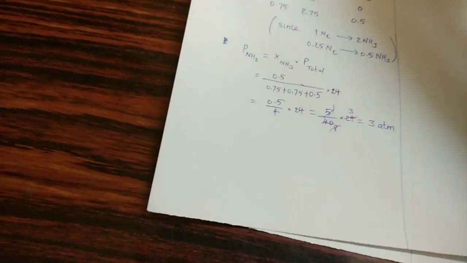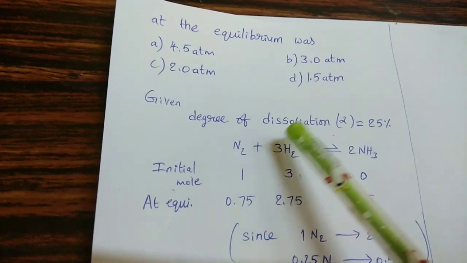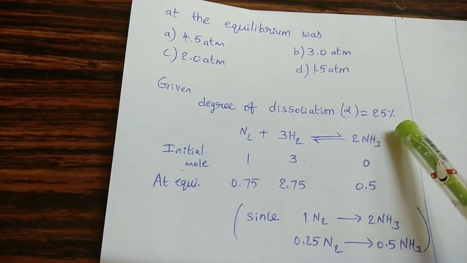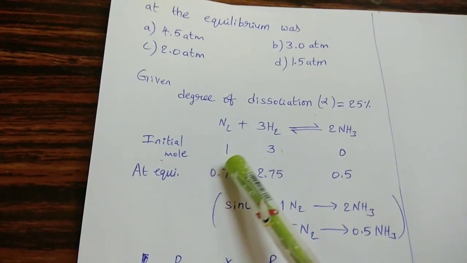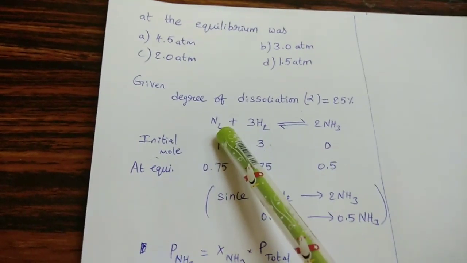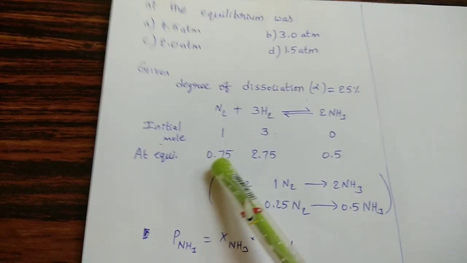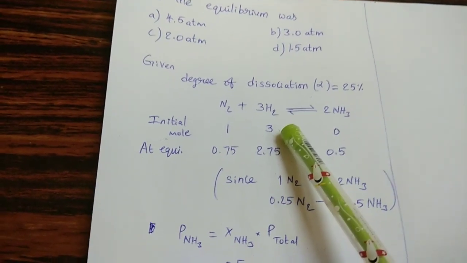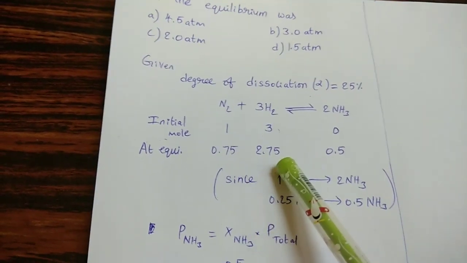Okay, see that. Given degree of dissociation alpha equals 25%, this is the equation. Given molar ratio 1, 3, and 0 for this. From this, 25% reacted means remaining 0.75, and from this 25% remaining 2.25.